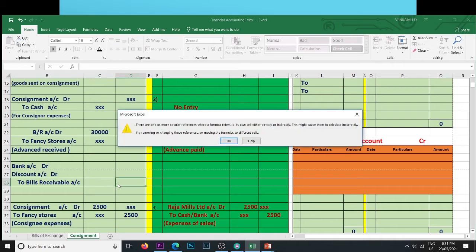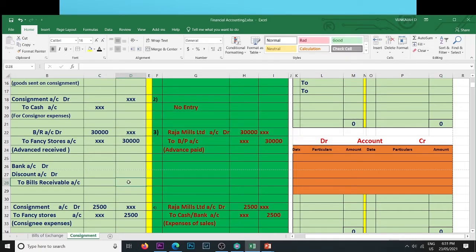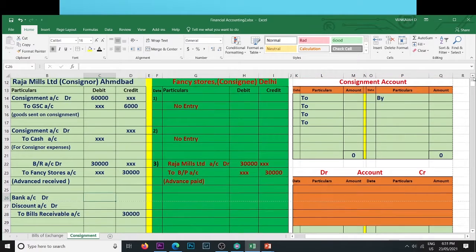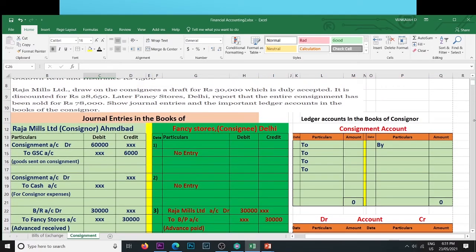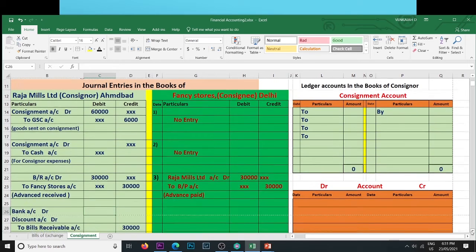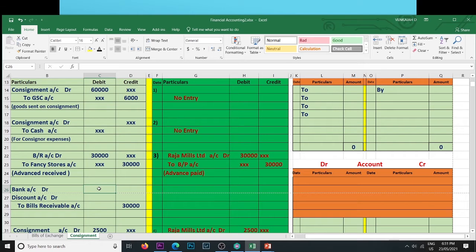So bill amount is 30,000, and it is 28,650. Discount amount is 1,350.